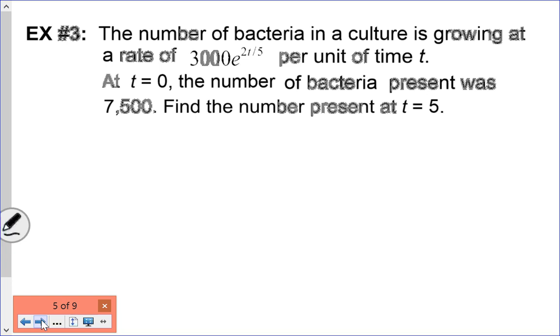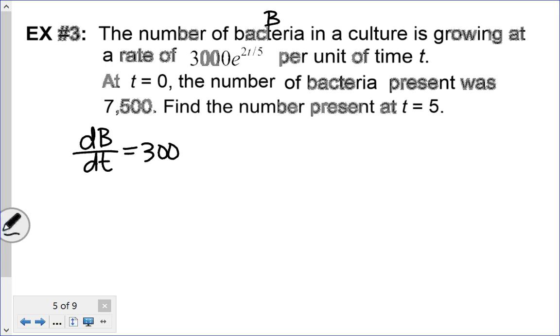So the number of bacteria, we'll just use capital B for bacteria, in a culture is growing at a rate. That means dB/dt, the rate of change, is 3,000 e to the 2t over 5. That's what that statement means.